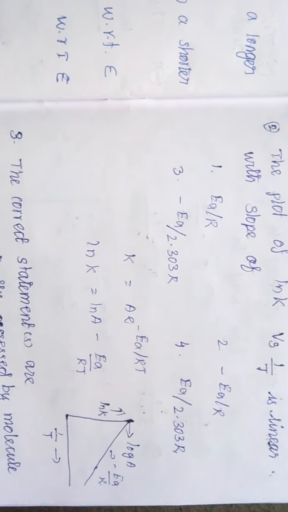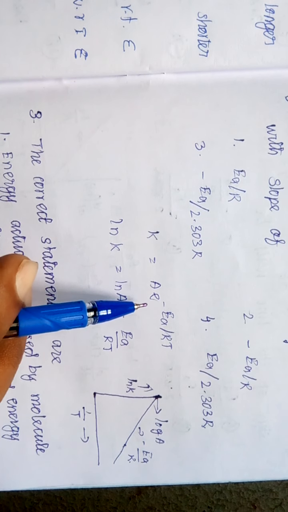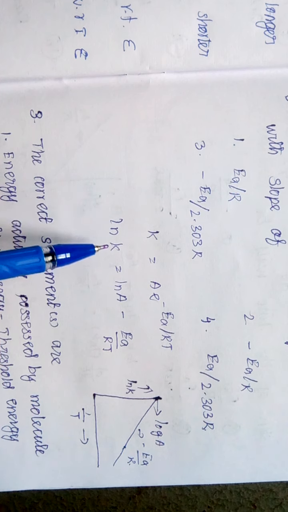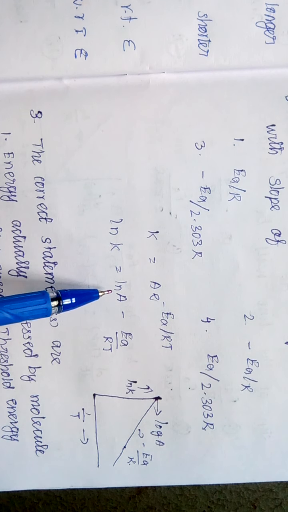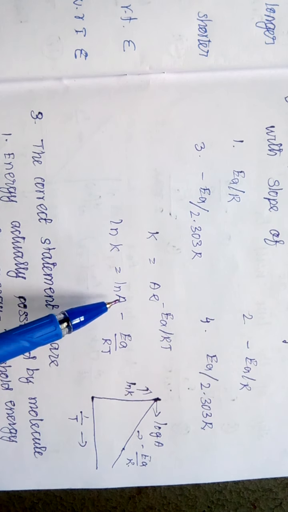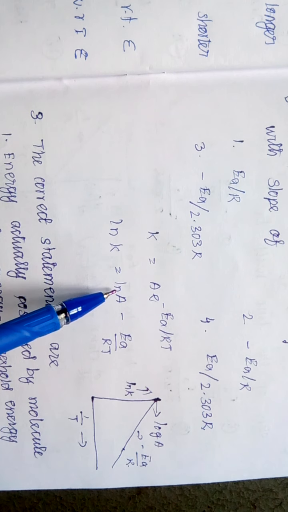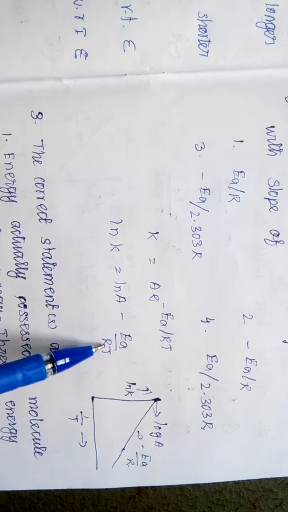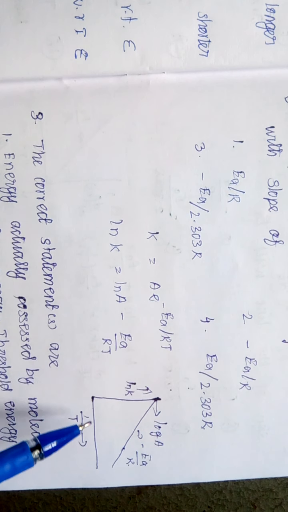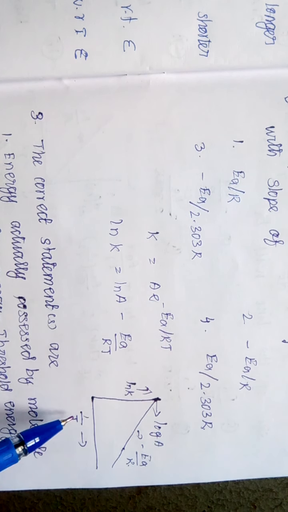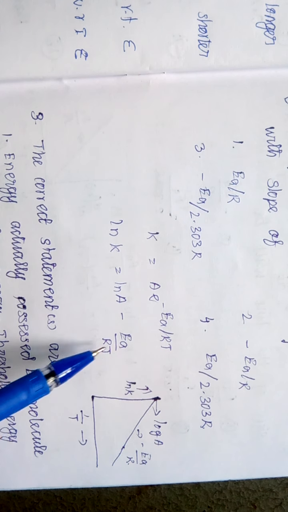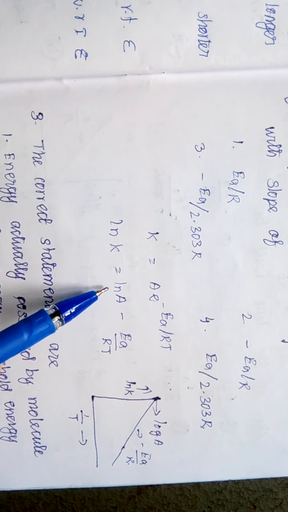So we know the equation k is equal to A e power minus Ea by RT, and on integration, ln k is equal to ln A minus Ea by RT. This is a constant, so it will give the slope of the equation. This equation is based on y is equal to mx plus c.